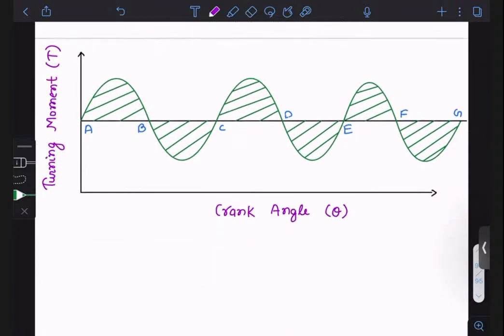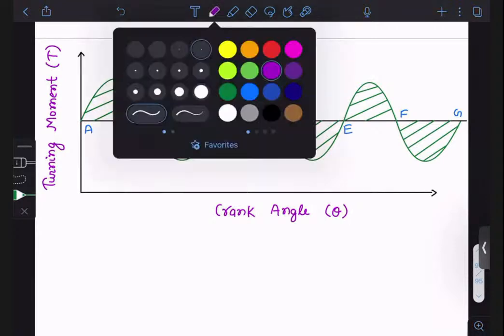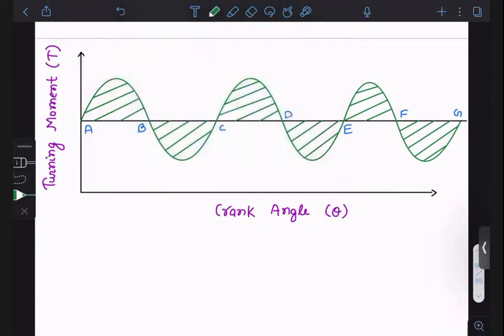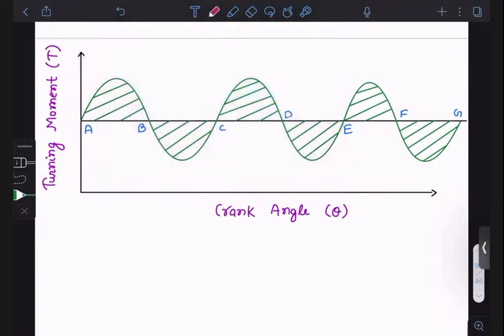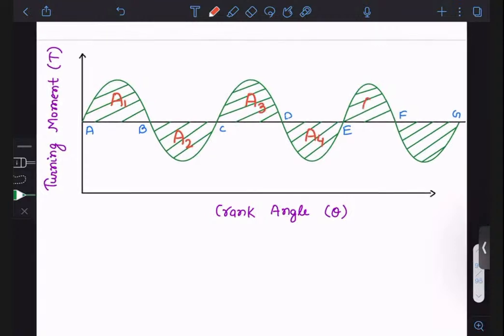Here, suppose this is the above area, this area is suppose A1, A2, this area is your A3, this area is your A4, this area is your A5, this area is your A6.